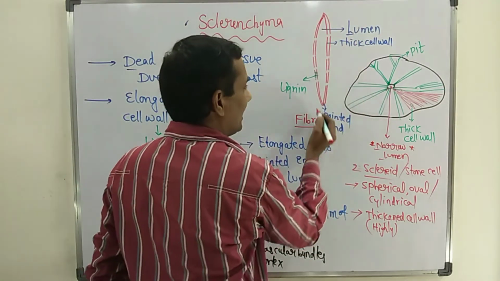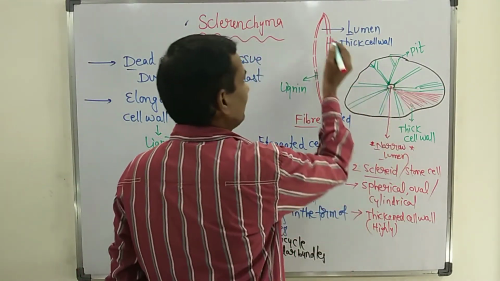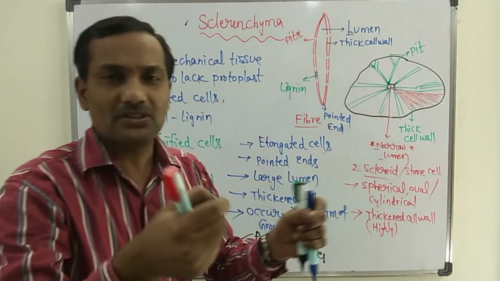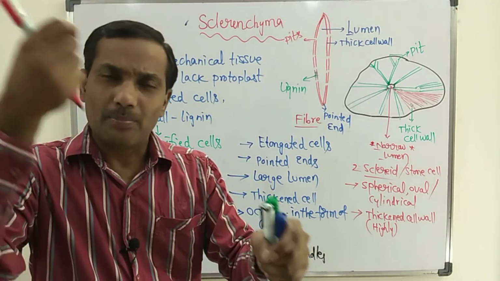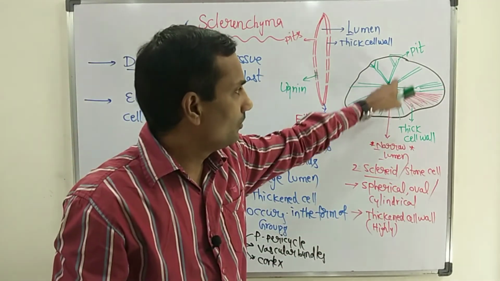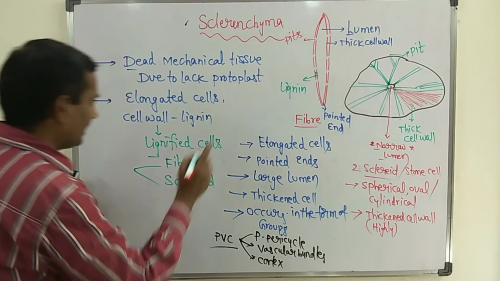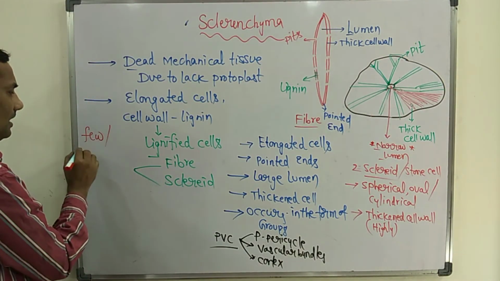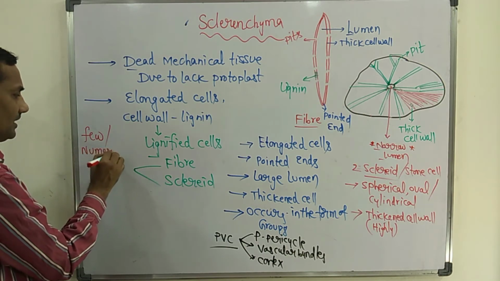Next, most important point: fibers as well as sclerids have pits. The pits are narrow, small apertures from the lumen to the outside. Fibers and sclerids may consist of few or numerous pits.